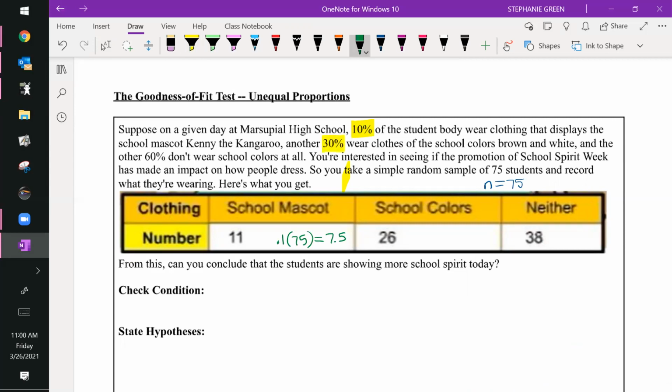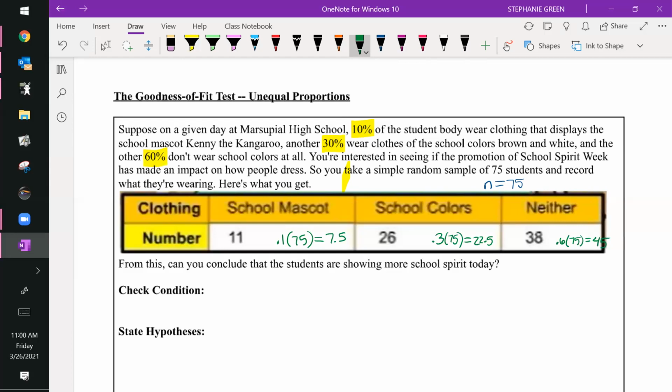So what is 30% of our sample? 0.3 times 75 gives us the expected value 22.5. And for neither, we expect 60% won't wear those school colors. So what is 60% of our sample? 0.6 times 75 is 45. So there's all my expected values.